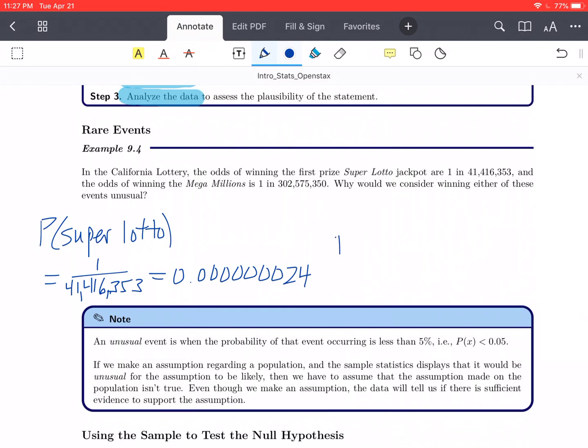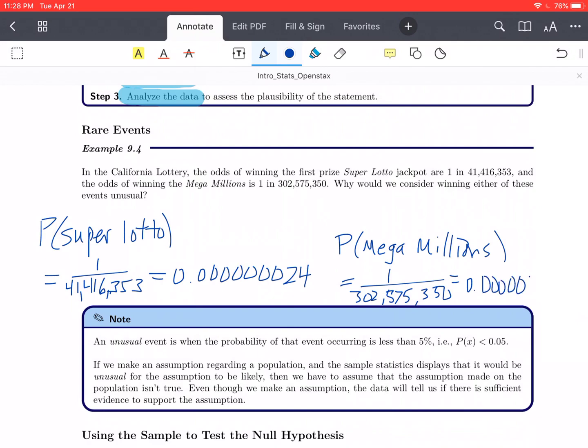The probability of winning the Mega Millions is going to be 1 out of that huge number, 302,575,350. If you get a decimal approximation for that, you're going to get 0.0000000033.